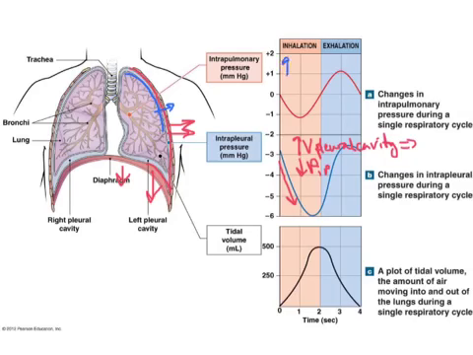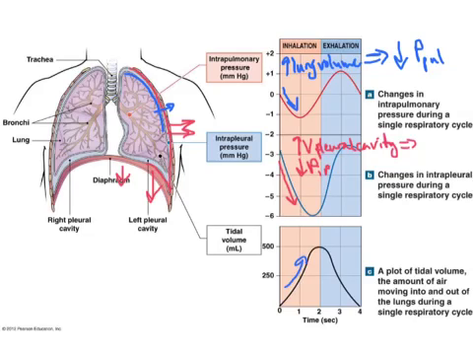So you have an increase in lung volume, which gives you, by Boyle's law, a decrease in intrapulmonary pressure, like you see there. And as the pulmonary pressure falls, you get air sucked into the lungs, and the volume of air in your lungs rises. Your tidal volume goes up.